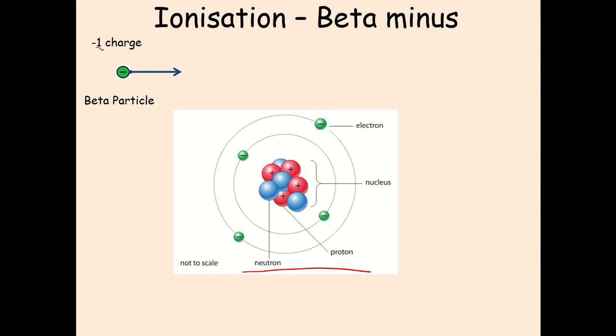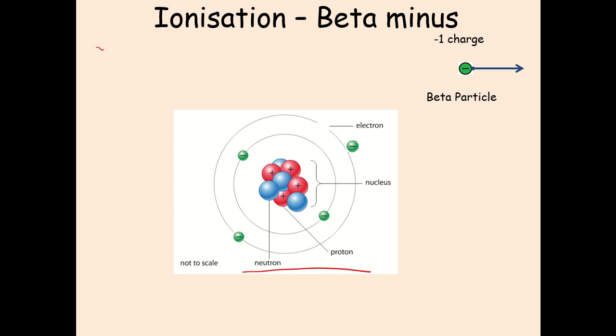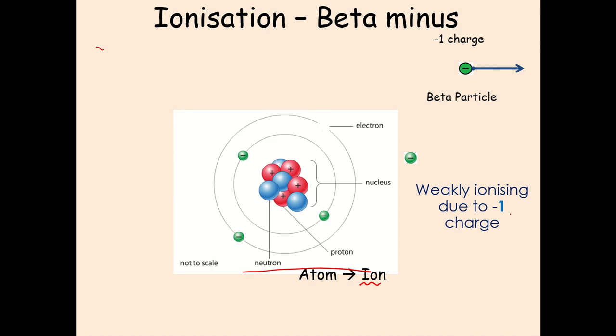This time, if the beta whizzes past the atom, it could repel the electron out of the outer shell of the atom, leaving behind an ion. Now, the alpha had a +2 charge, whereas the beta minus has only got a -1 charge. So the strength that we give it in terms of words, we say that beta is weakly ionizing, because instead of it being a +2, it's only a -1.